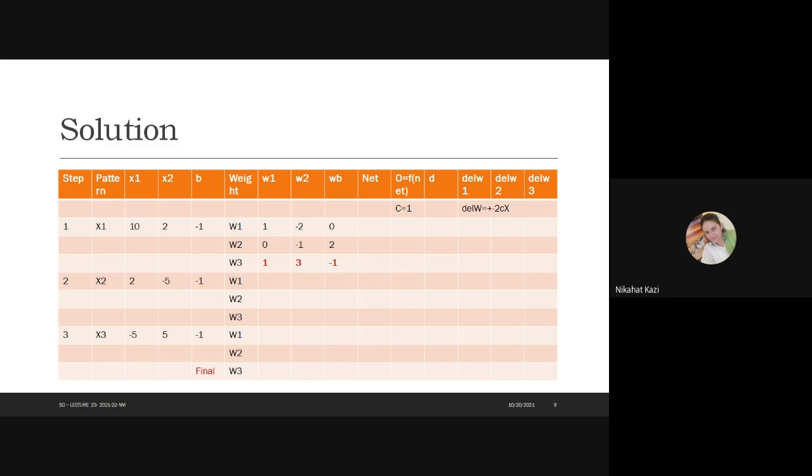Compute the net values for each of the perceptrons: net 1, net 2, and net 3. There are three neurons, right? So compute net 1, net 2, net 3. Tell me the values.